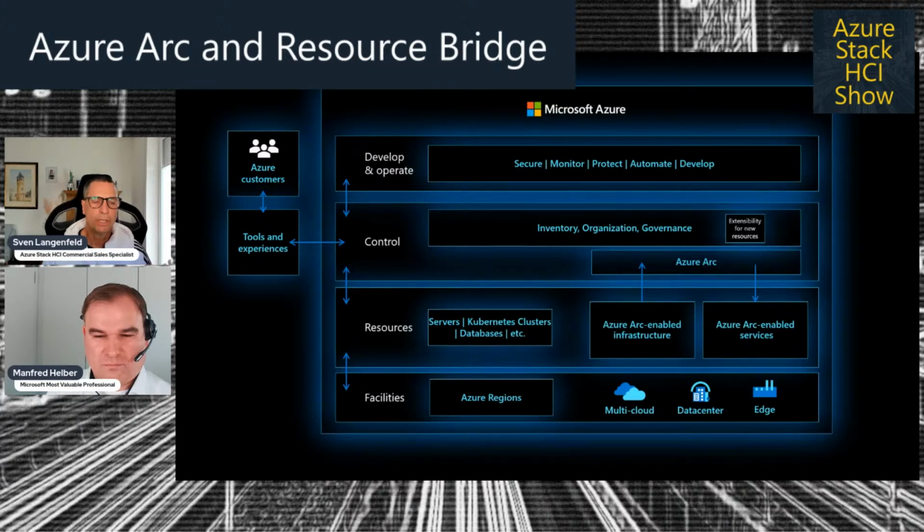And we can bring Azure services to the data center and edge of our customer or to the multi-cloud. So it's no longer limited to the Azure data centers to use the Azure control plane and all the benefits of the Azure services, but you can also expand this to your on-premises as well.